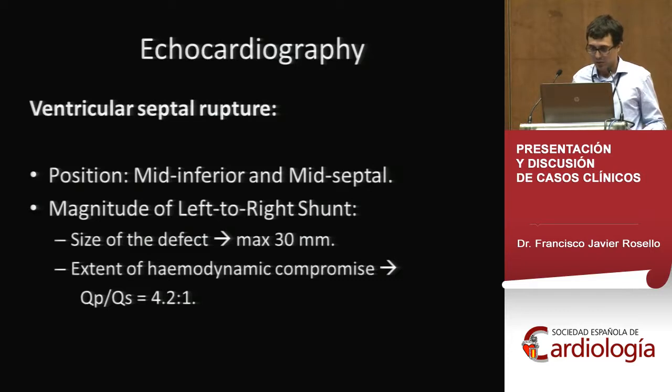So to sum up the findings of the echocardiography, the position of the ventricular septal rupture was in the mid-inferior and mid-septal segments, and the magnitude of the left to right shunt was important because the size of the defect was about 30 millimeters, and because the hemodynamic compromise is proved by the Qp over Qs ratio.